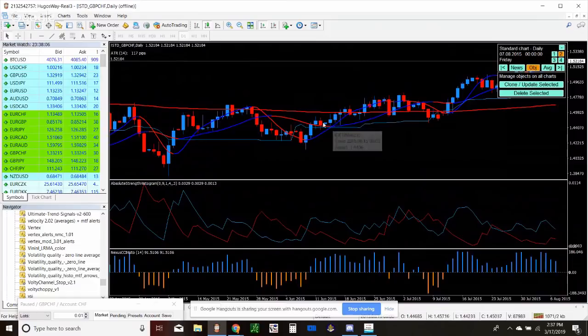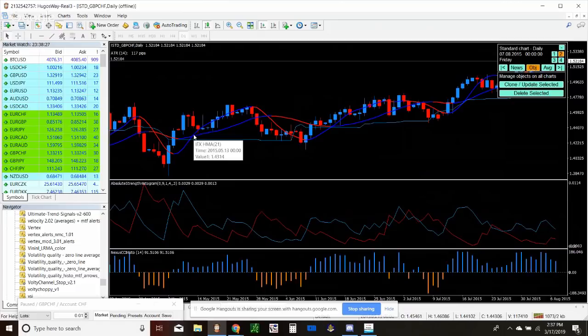I'm trying to decide whether we should go off the Kijunsen for our long short calls or whether we should go off the 200 moving average. Let's remove the 200 moving average and we'll go off the Kijunsen for this. So now these lines right here, these are HMAs. HMA is a Hull moving average. It's supposed to be faster than a regular moving average.